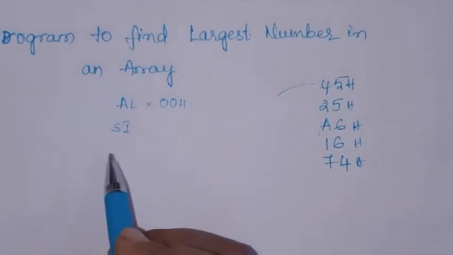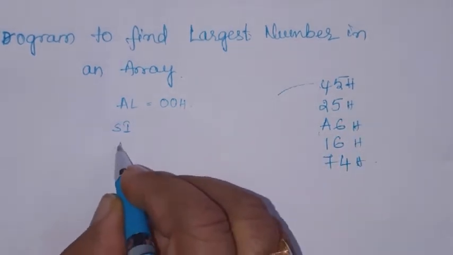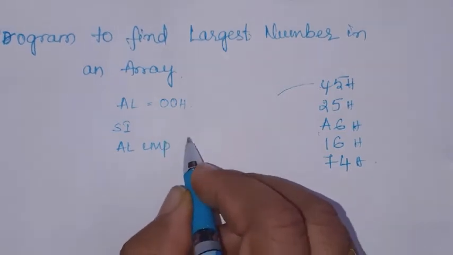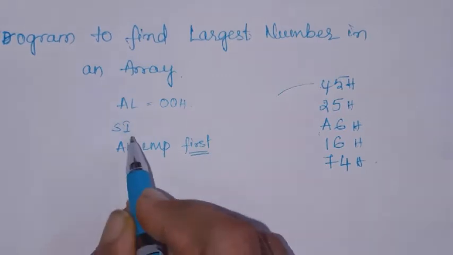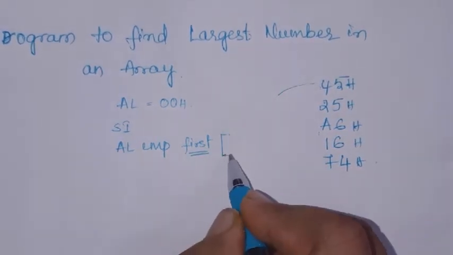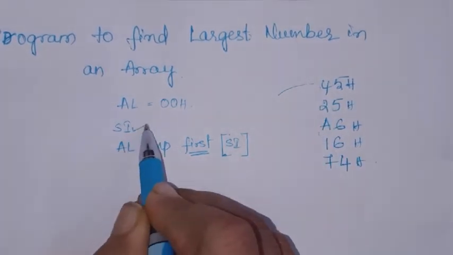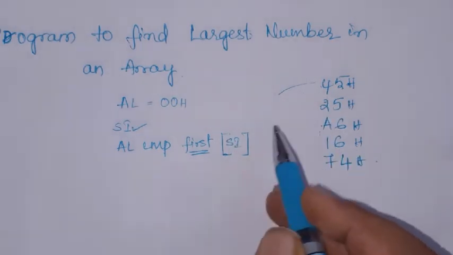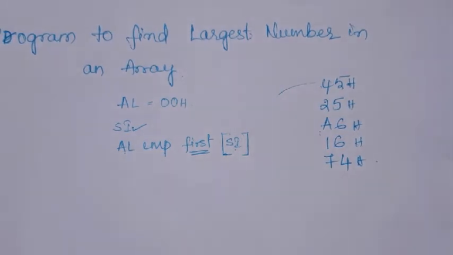Okay, so then we'll compare first. AL will be compared with the first element. How can we access the first element? The address of the first element is in the SI register. We can say the contents of this memory location are compared with the AL register.